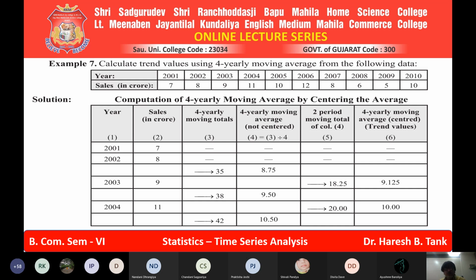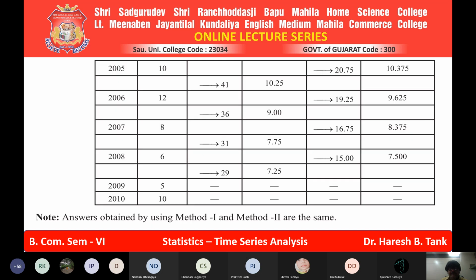So 18.25 should be divided by 2, which comes to 9.125. 20 divided by 2 becomes 10. 20.75 divided by 2 becomes 10.375. 19.25 divided by 2 becomes 9.625. 16.75 divided by 2 becomes 8.375.